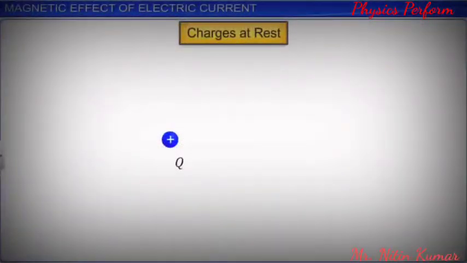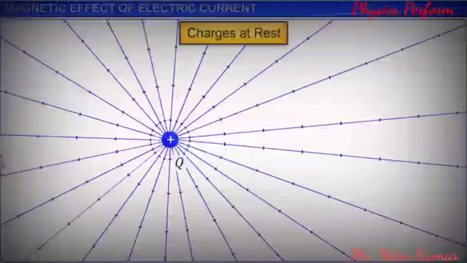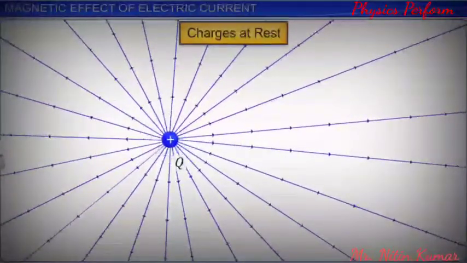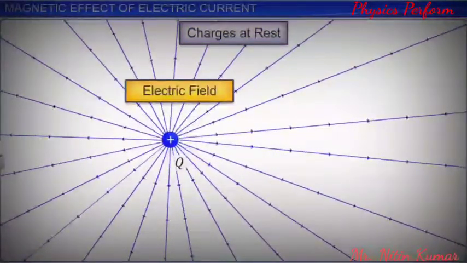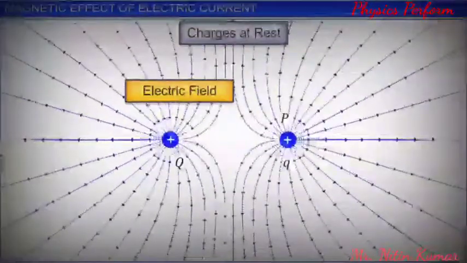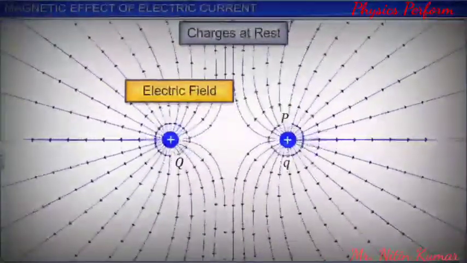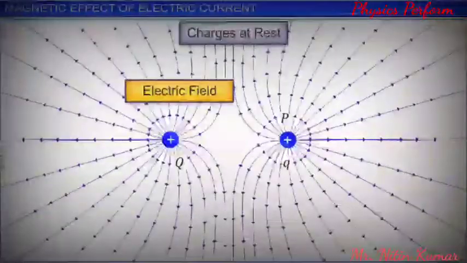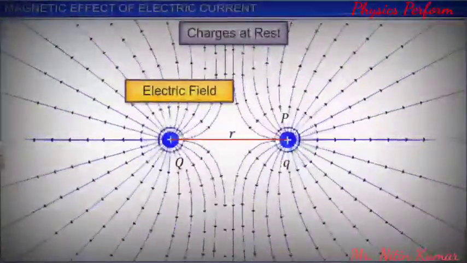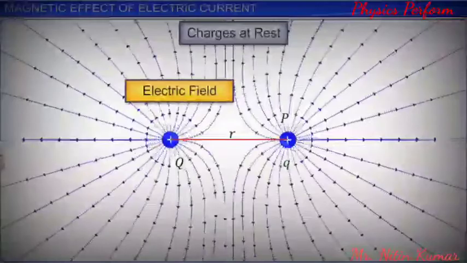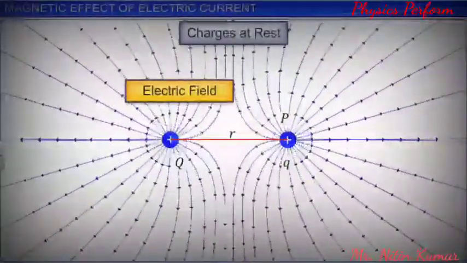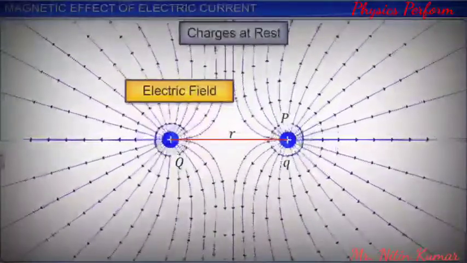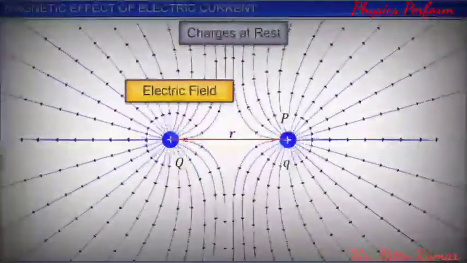Let a source charge Q be placed at a point in a vacuum. The space around the charge, where it can influence other charges, is called its electric field. As step 2, a small test charge q is placed at point P in the electric field, at a distance r from the source charge Q. Then the intensity of the electric field at the given point P is defined as the force per unit charge.